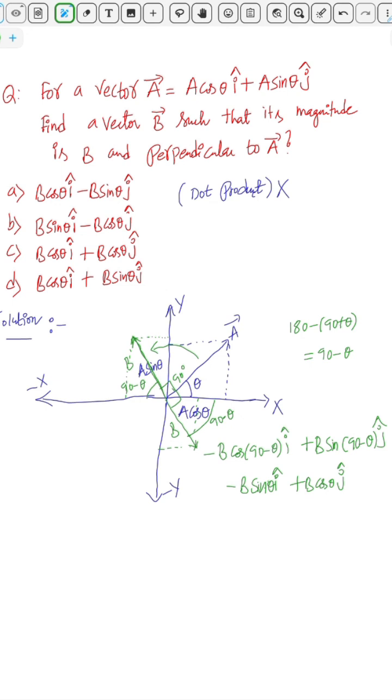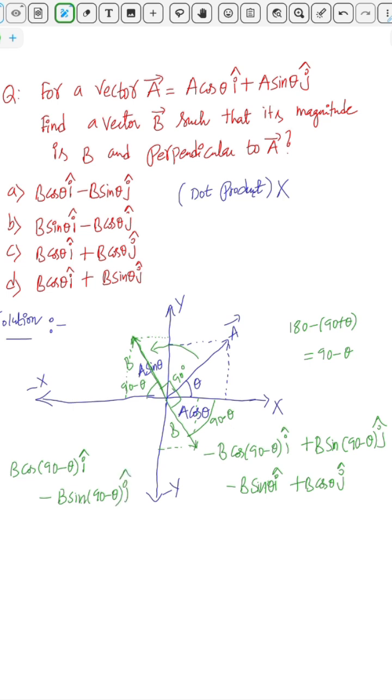Now with 90 minus theta, in this case the x component is positive, so b into cos of 90 minus theta into i cap, and the y component will be negative, so minus b into sin 90 minus theta j cap.